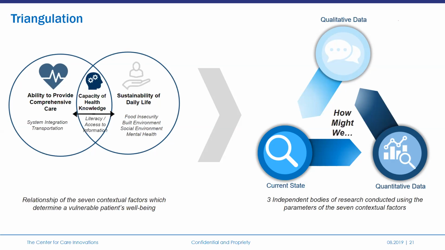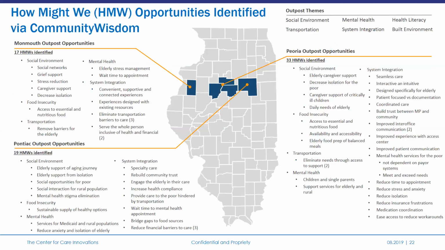We took all of that information together and created what we call "how might we" statements. It's a human-centered design approach to take all those pieces of information and say, where should we target? Where should we innovate around? Within Monmouth, Pontiac, and Peoria, we were able to create 33 really large opportunities or focuses, how might we statements in Peoria, 19 in Pontiac, and 17 in Monmouth. And this really shaped our work going forward.